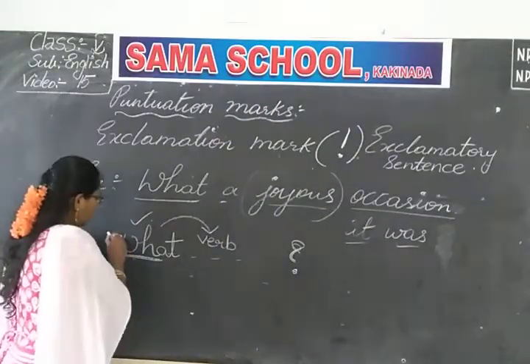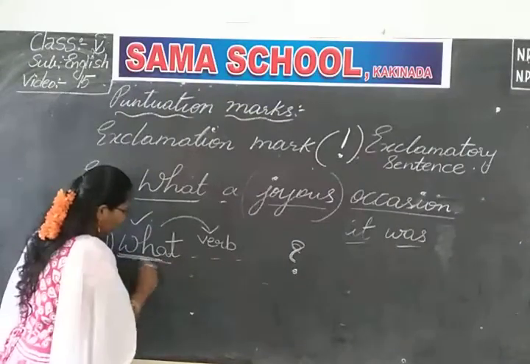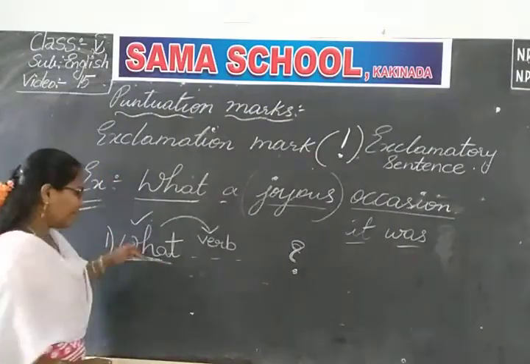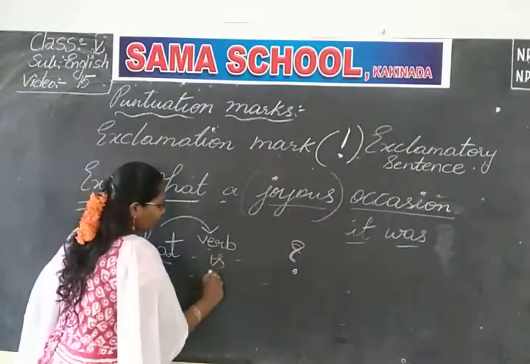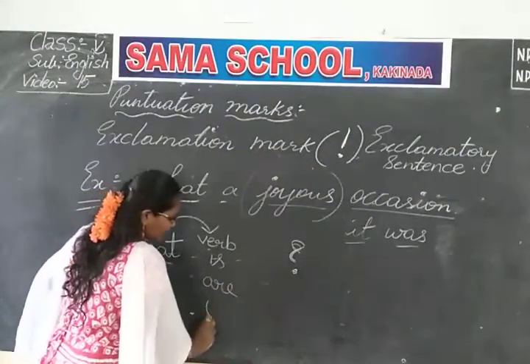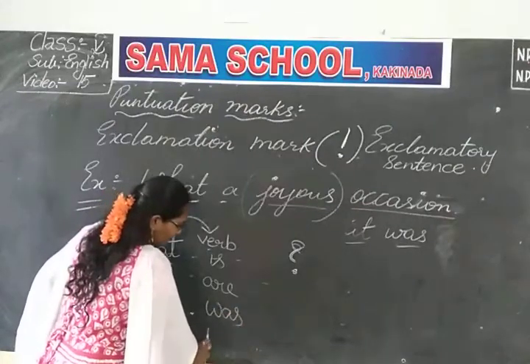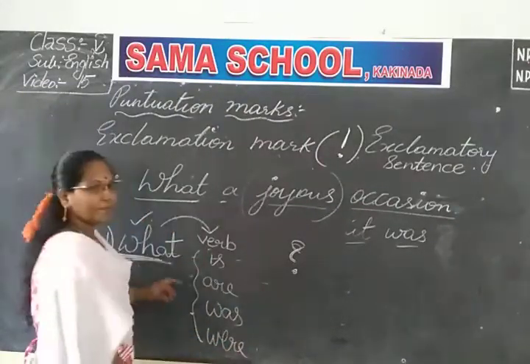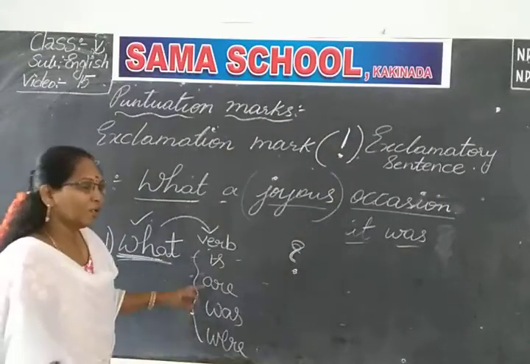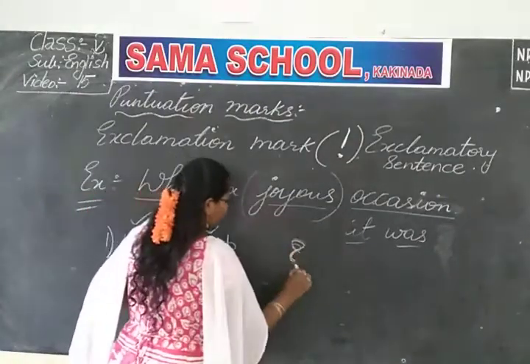While you are reading what, why, where, after finding that, next to that, if you find a word like is, are, was, were, different types of verbs, supporting verbs, if you find any of these supporting verbs, then what you should use? You should use a question mark.